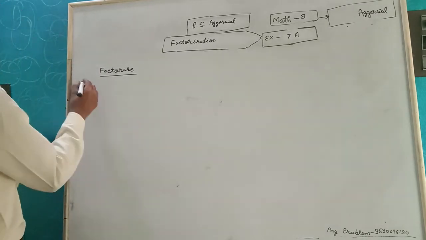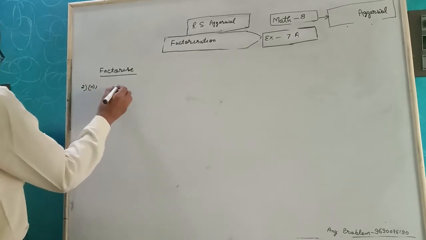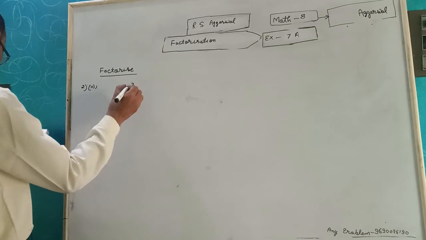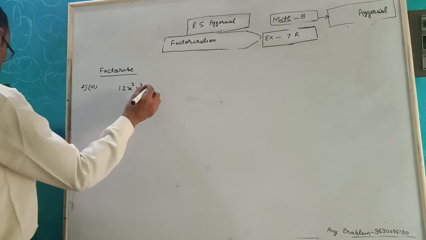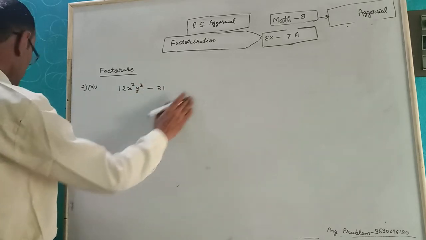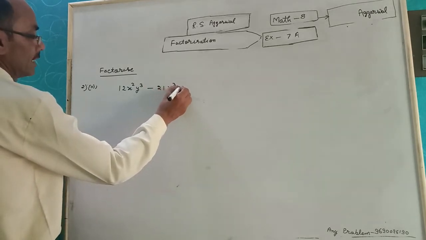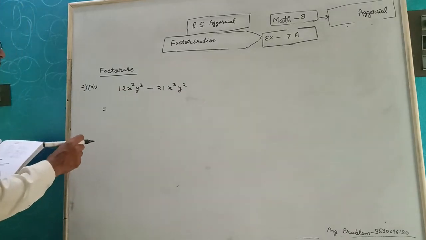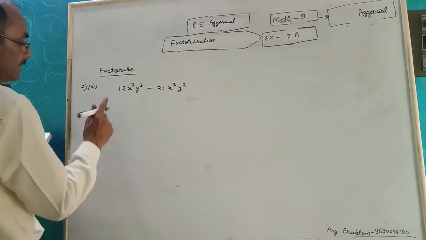Number 2, third part. Third part is 12x square y cube minus 21x cube y square. Common from the constants 12 and 21 is 3.